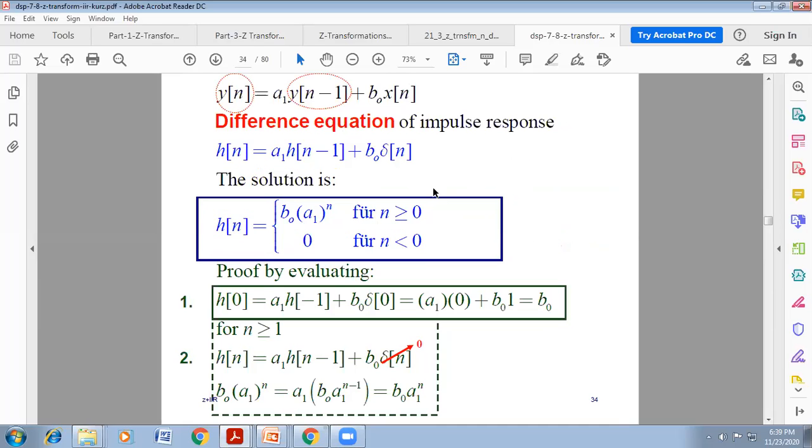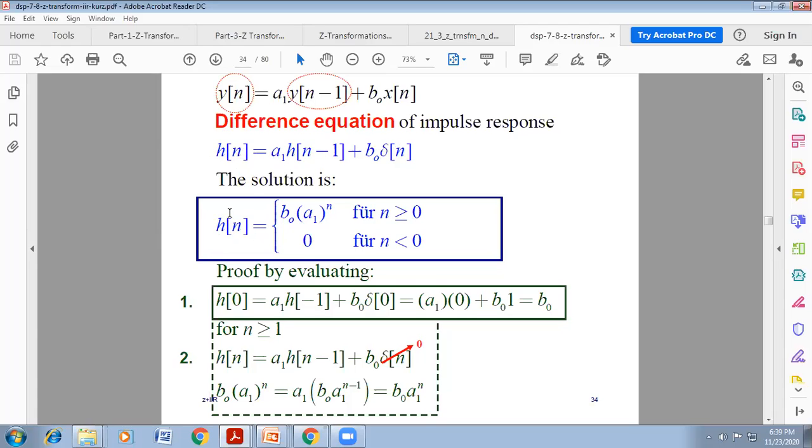This is the difference equation we are talking about, the difference equation of the impulse response. Actually Sn is the sequence depending on n, and this is the equation.